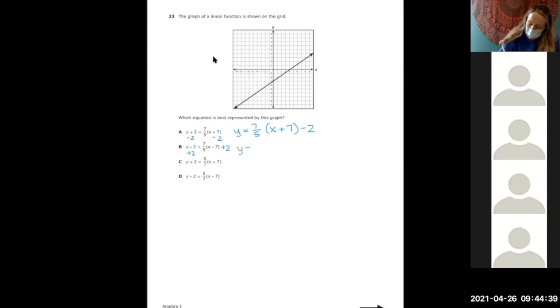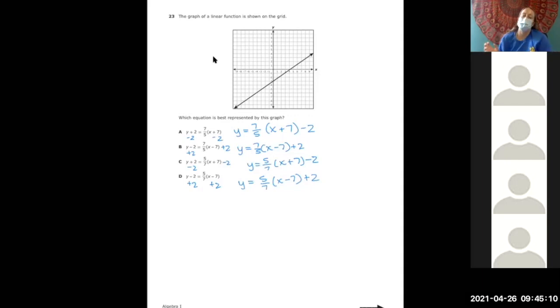So this one is y equals 7/5 times x minus 7 plus 2. For this one, we subtract 2. So we've got y equals 5/7 times x plus 7 minus 2. Add 2. Y equals 5/7 times x minus 7 plus 2. Goodness gracious.